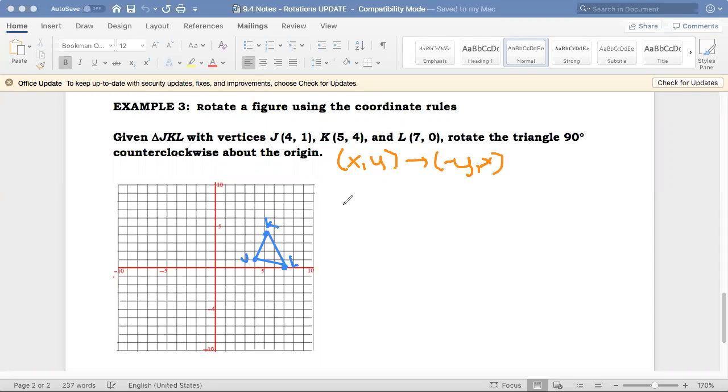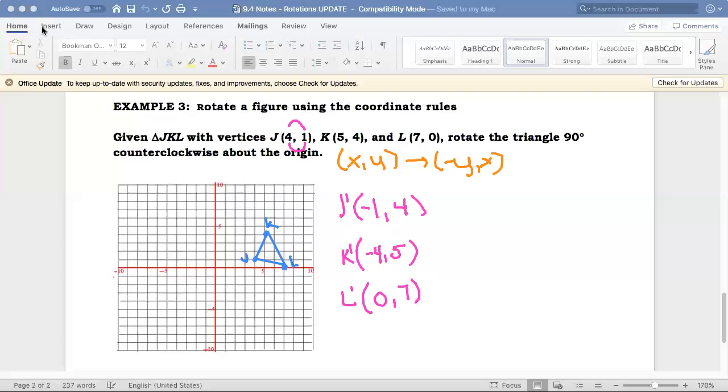So J, we're switching where they are, but y is going to become negative. So we have -1, +4. K, we're going to have -4, +5. And then L, 0 has no sign, so it's just going to stay. And then 7.